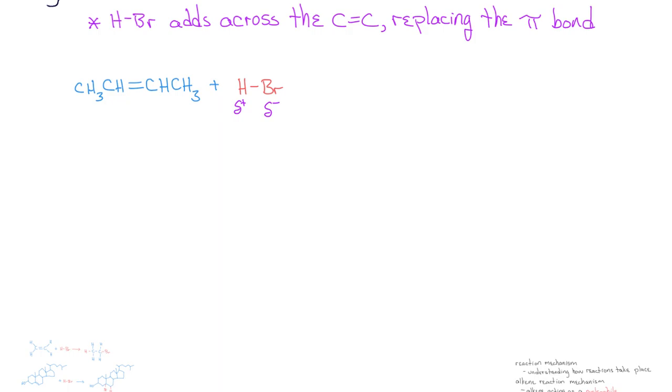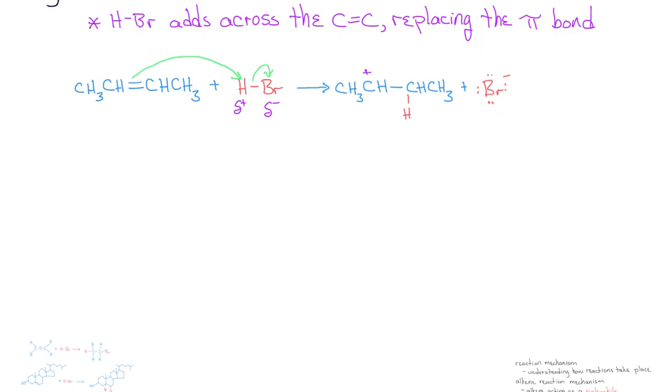In the first step of this mechanism, the hydrogen bromide will split apart and the hydrogen ion will form a bond to one of the sp2 hybrid carbons. It forms that bond by accepting the pi bond electron pair to form a bonding pair between the carbon and the hydrogen. This leaves a bromide ion left over.